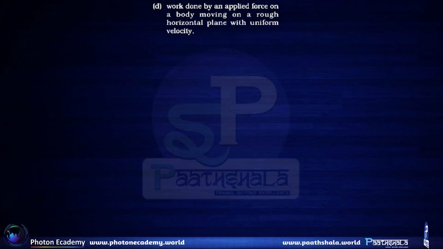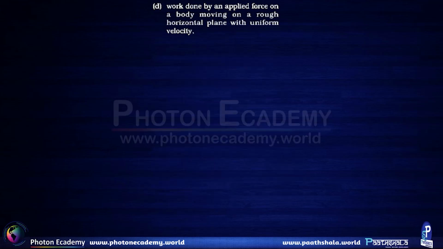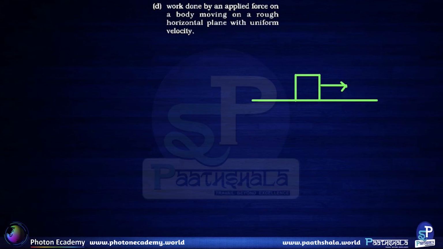Work done by an applied force on a body moving on a horizontal plane with uniform velocity. So suppose this is a horizontal plane. This is some body which is moving with constant velocity, that is uniform velocity, let us say v.